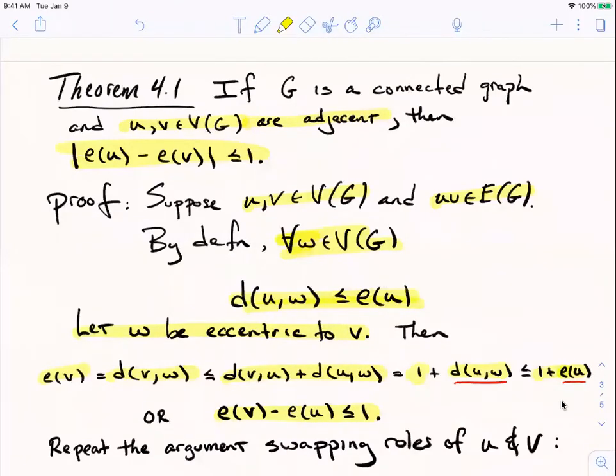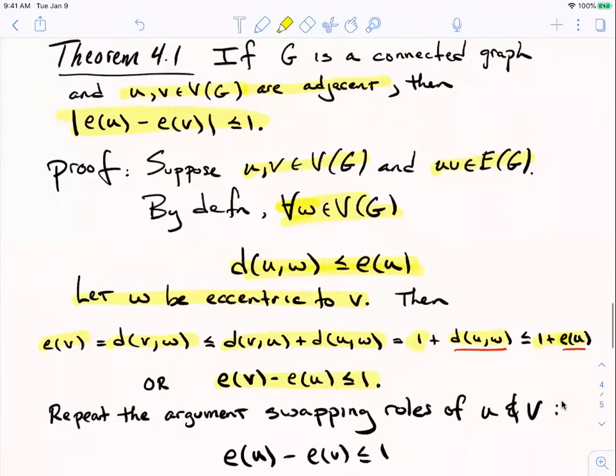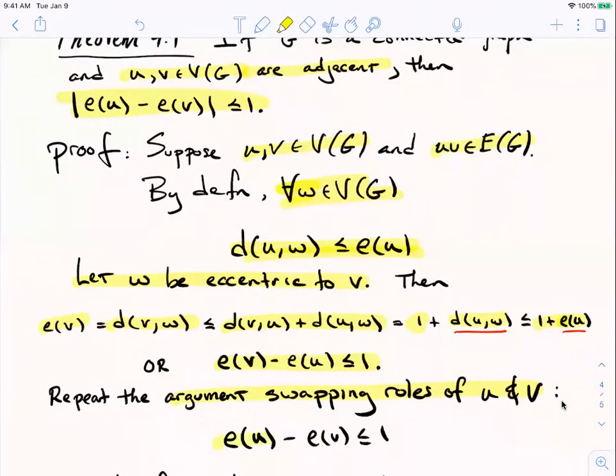But this argument was totally symmetric in U and V. I could go back and, instead of starting by saying something about every vertex and U, I could make that a V. I could pick W to be eccentric to U everywhere. It's a good exercise for you, actually. Go through the argument I just gave, interchange the roles of U and V, and you'll prove exactly the opposite difference is less than or equal to 1.